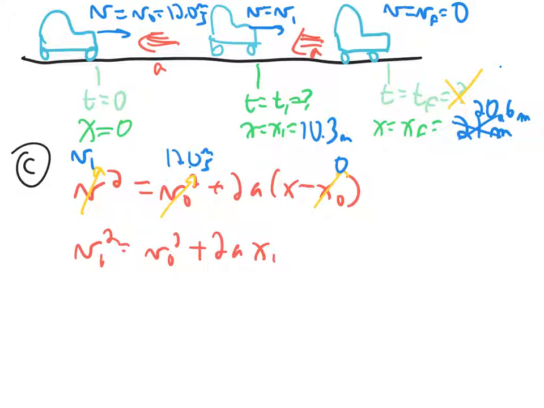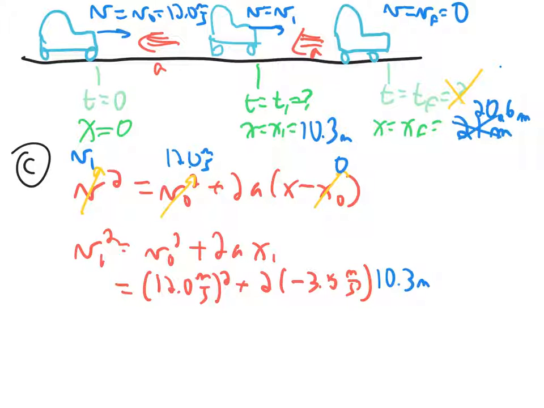And I know all these things, so I'm just going to put in for them. I'm going to say that v0 squared is 12 meters per second quantity squared. And then the acceleration is, as we remember, minus 3.5 meters per second squared. It's that way throughout the whole problem. We're still going leftward or against the motion. And now we're imposing that we're traveling a distance of 10.3 meters.